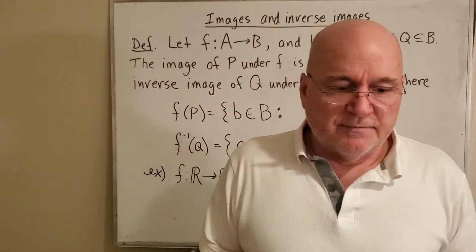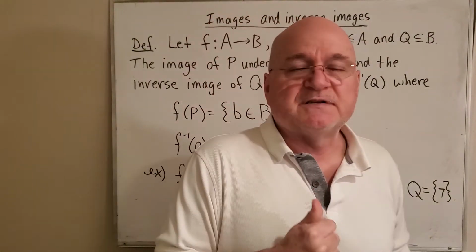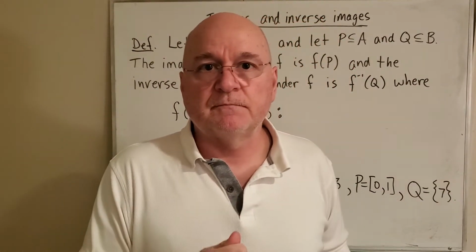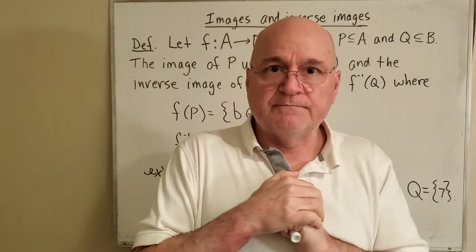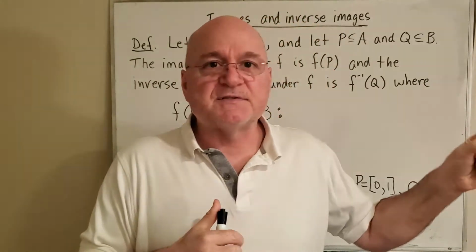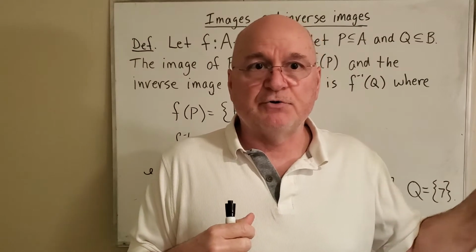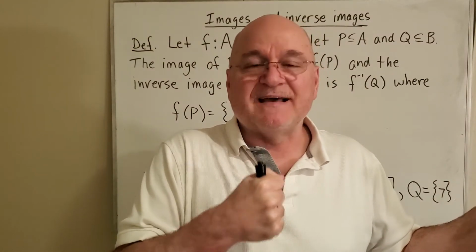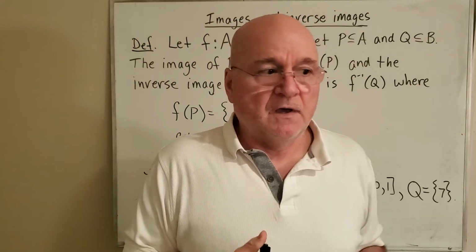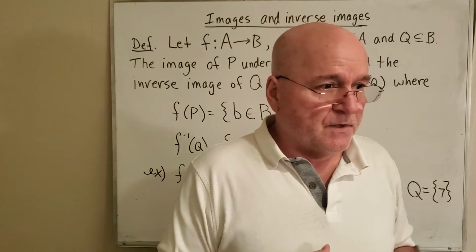Well, now we're going to talk about something we've already talked about, the images of a set under a given function. That's all the elements in the range or the codomain that get mapped to by the elements in that set, by the function.